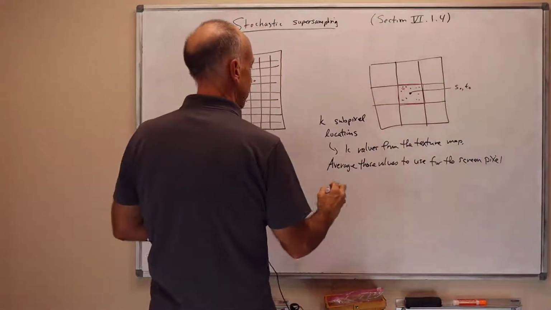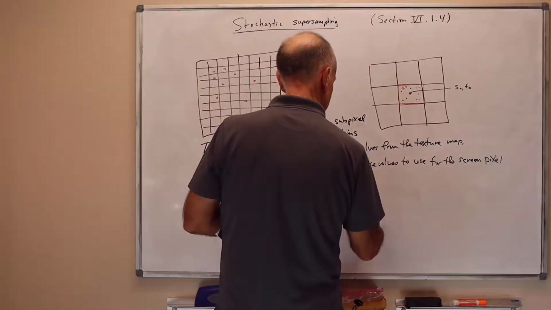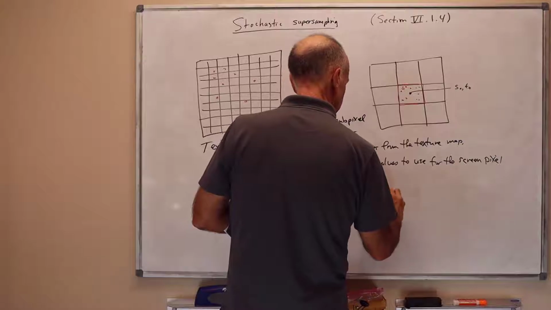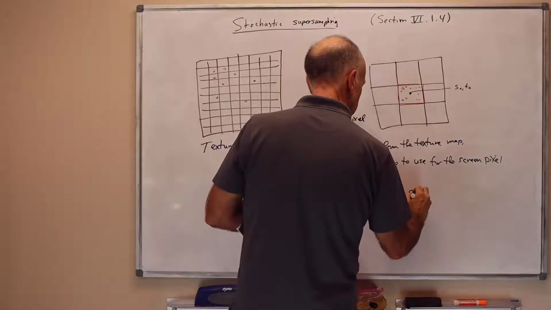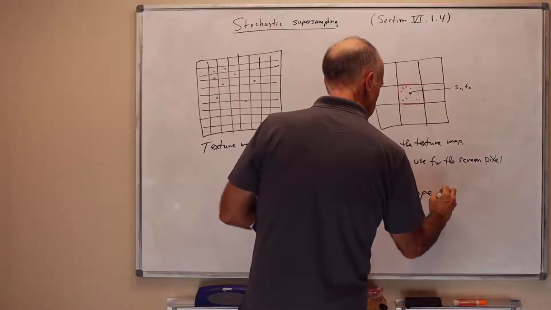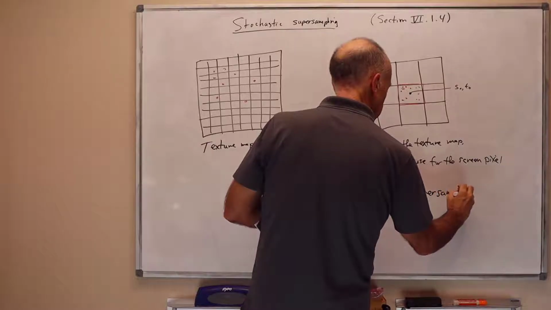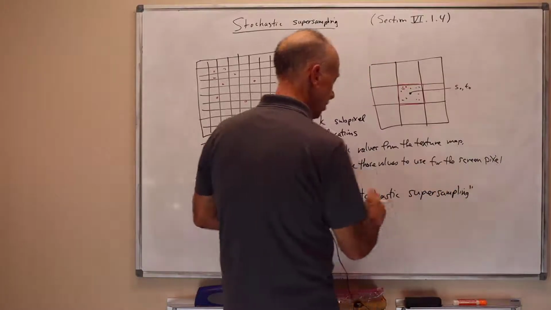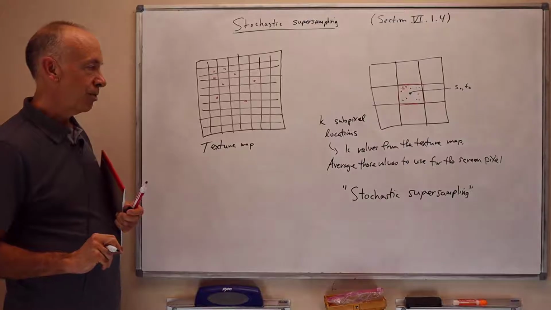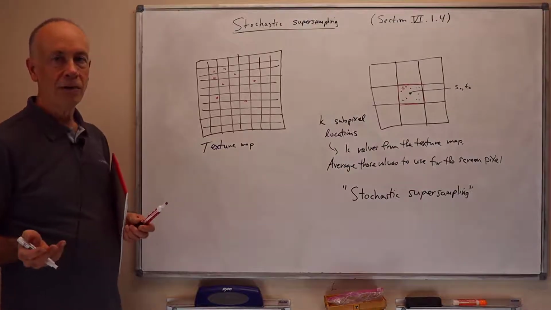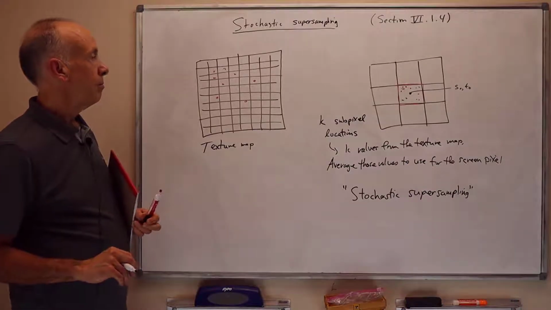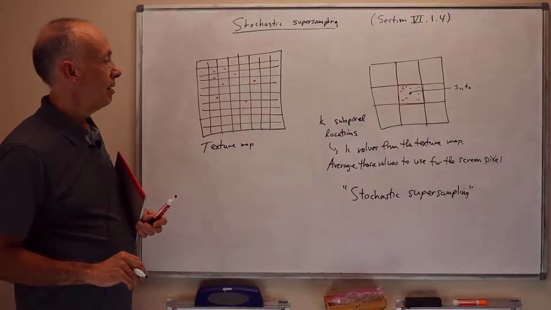So this is known as stochastic supersampling. Stochastic is another word for random, and supersampling means we're choosing more than one sample. Okay.